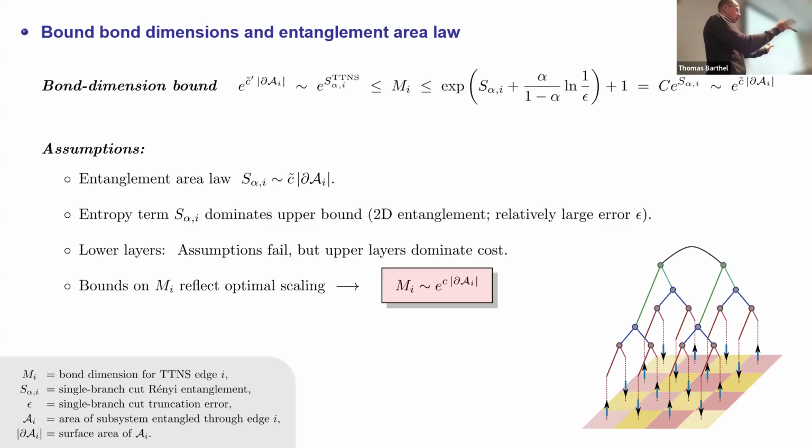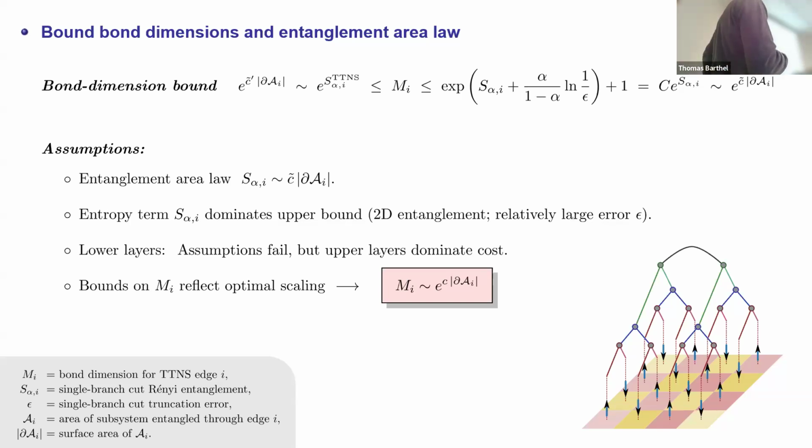You can bound the entanglement of the second by the entanglement of the first, but the bound involves the dimension of the Hilbert space, which is bad, right? But if you're talking about area law states, then you can improve this bound. And you should be able to rigorously show that this goes back to the same area law which we also find numerically. We just find you reproduce nicely the area law that we have physically. All right.